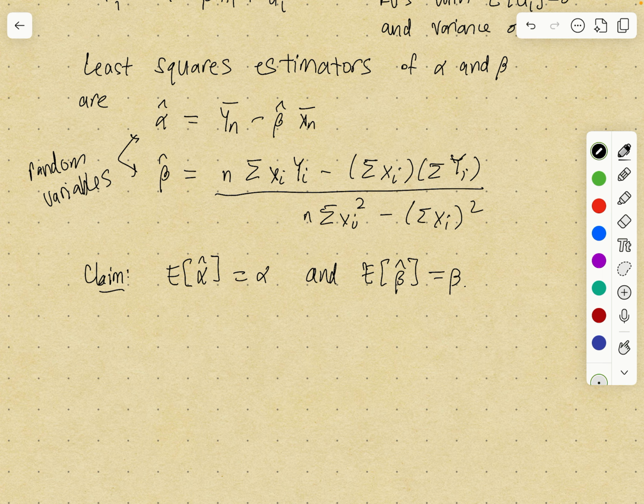It's complicated because the notation is weird: I'm using alpha hat and beta hat as random variables, and then alpha and beta as the actual constants from the least squares line.